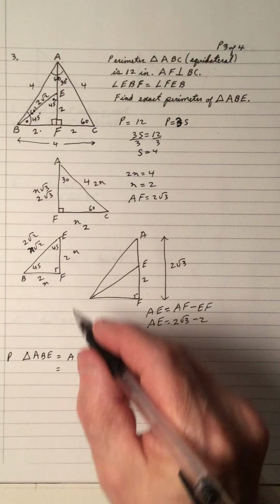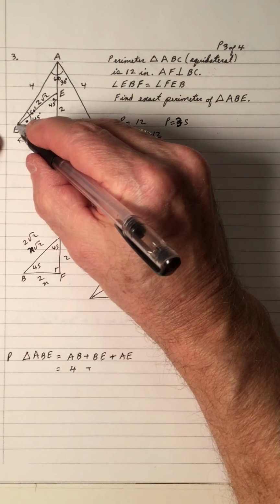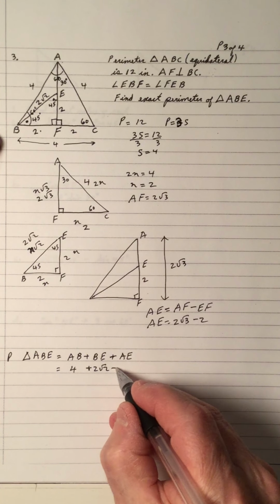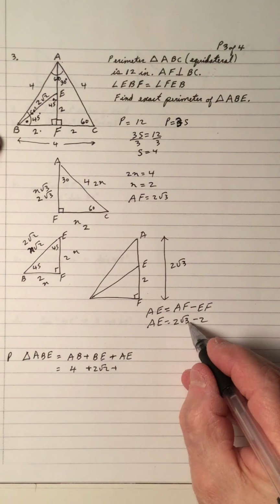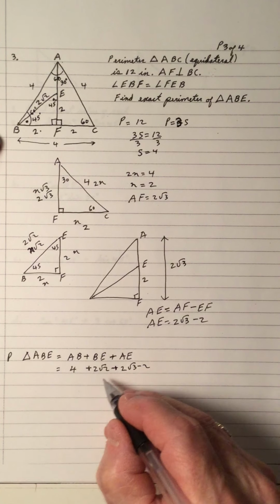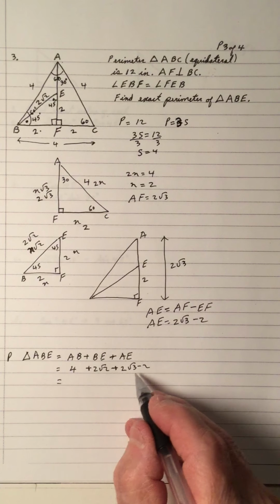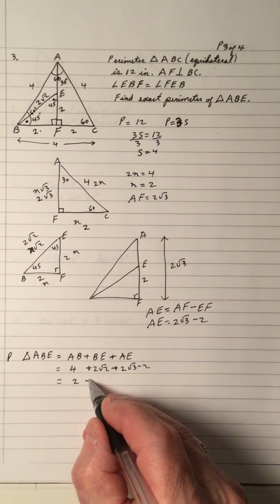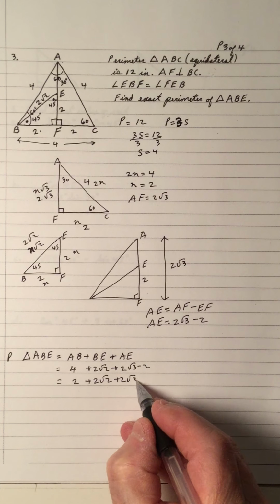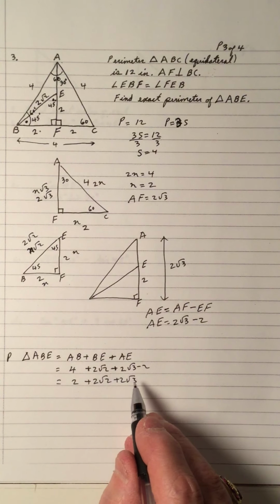So AB is 4. BE is 2 root 2. And AE is 2 root 3 minus 2. And add all that up. 4 minus 2 is 2, plus 2 root 2 and 2 root 3. Because I can't add these radicals together because they're not alike.